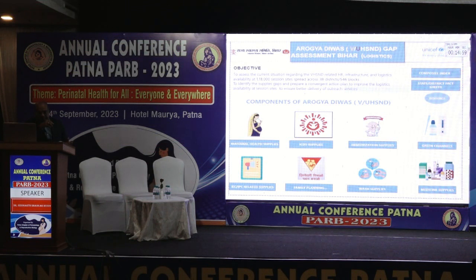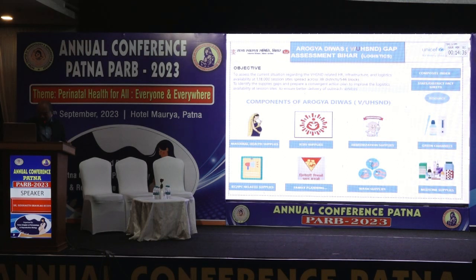One special gap assessment was done by the Department of Health to assure the maternal health supplies, logistics and services, ICDS supplies especially for children, immunization supplies, green channel supplies, IEC and IPC activities to mobilize the beneficiaries, family planning and WASH related supplies, water and sanitation related supplies, and medicines that are required.